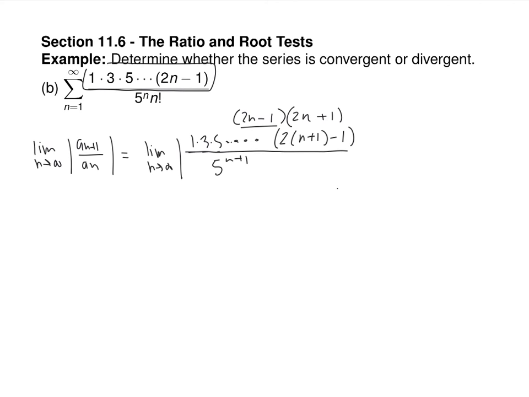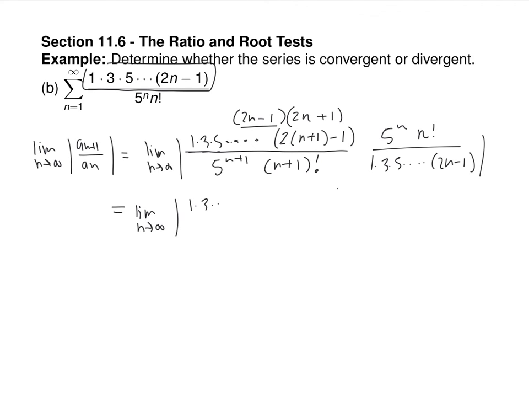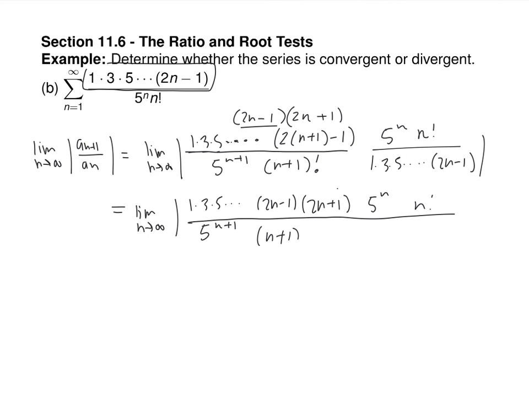5 to the n plus 1 factorial, that's the a sub n plus 1, over 5 to the n factorial over 1, 3, 5, up to 2n minus 1. Okay, so you've got 1, 3, 5, 2n minus 1, 2n plus 1, 5 to the n factorial, all over 5 to the n plus 1 factorial, 1 times 3 times 5 up to 2n minus 1.